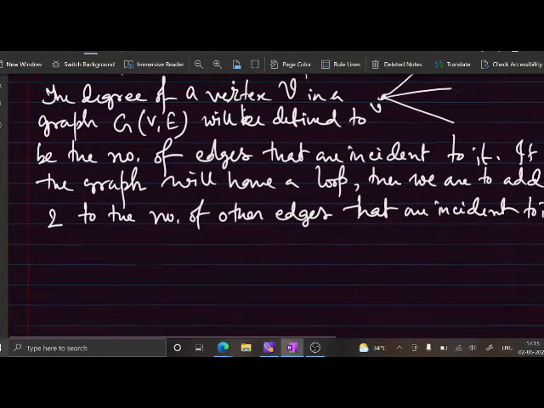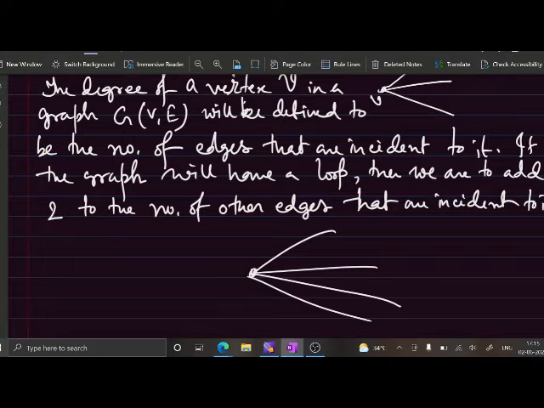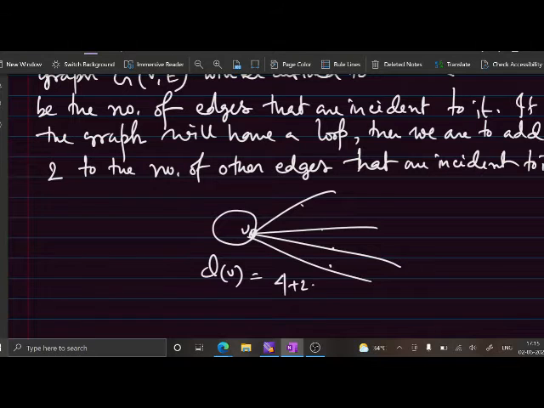That means if you have a loop, then what will be the degree of V? The degree of V is 1, 2, 3, 4, and for this loop you need to add 2, that is 4 plus 2 is 6.